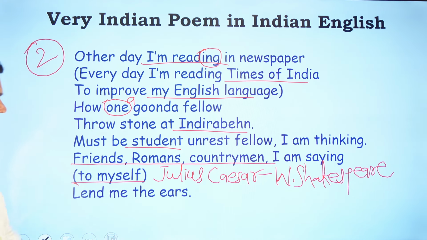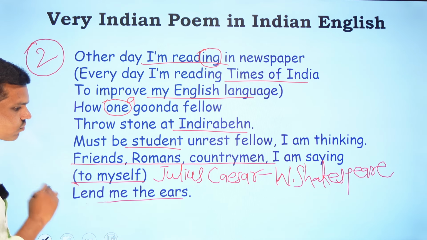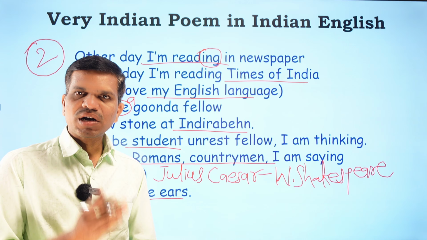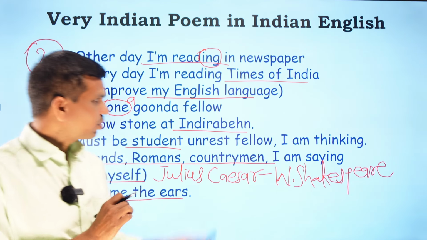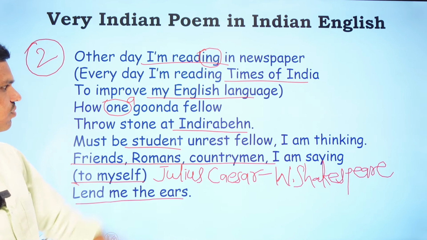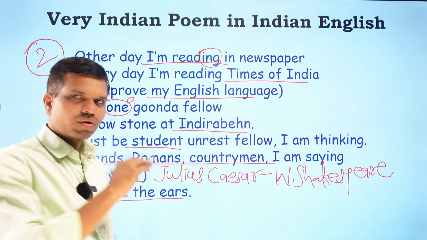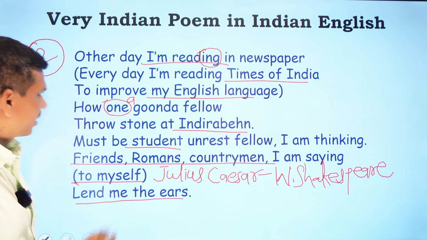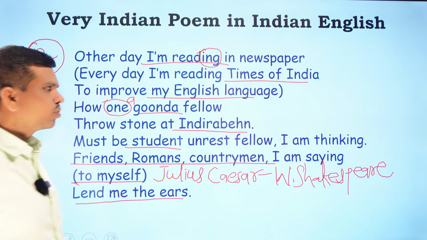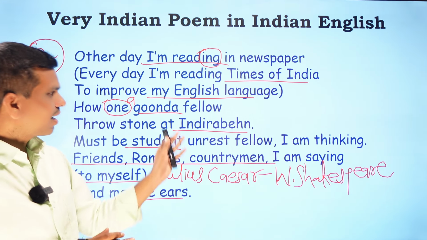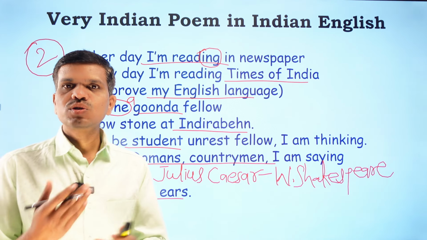Now again in the second stanza, he is saying how we should be obedient to the principles of Mahatma Gandhi of non-violence, because here we have an event of violence, that one Gunda fellow throw stone at Indiraben. Someone has thrown the stone at Indiraben, and here he uses this word Gunda. Gunda is a hooligan, we can say in English, and this is the Indianization of English.